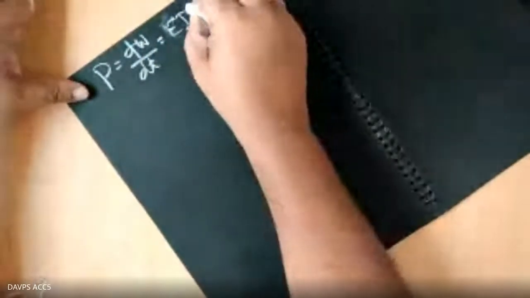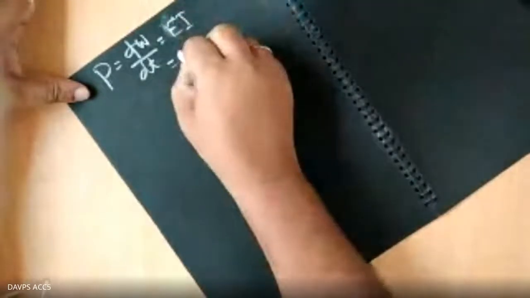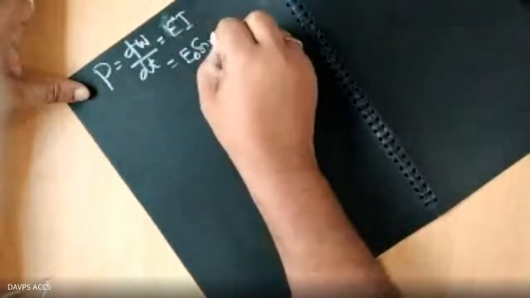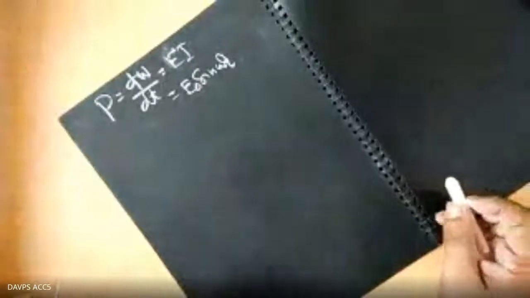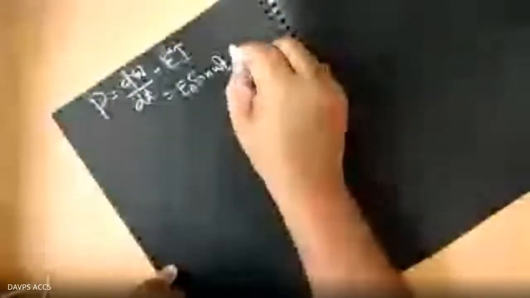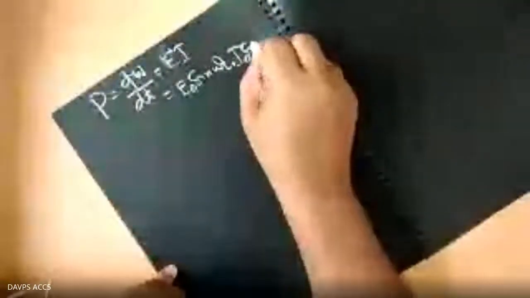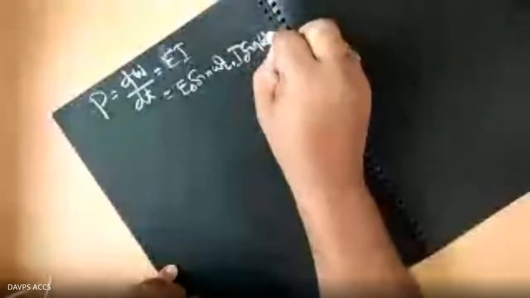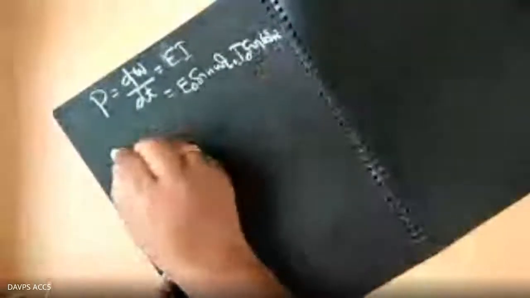So that is E naught sin omega t, and you can write it speedily now, because you have already done 2 cases: E naught sin omega t into I naught sin(omega t plus pi by 2).